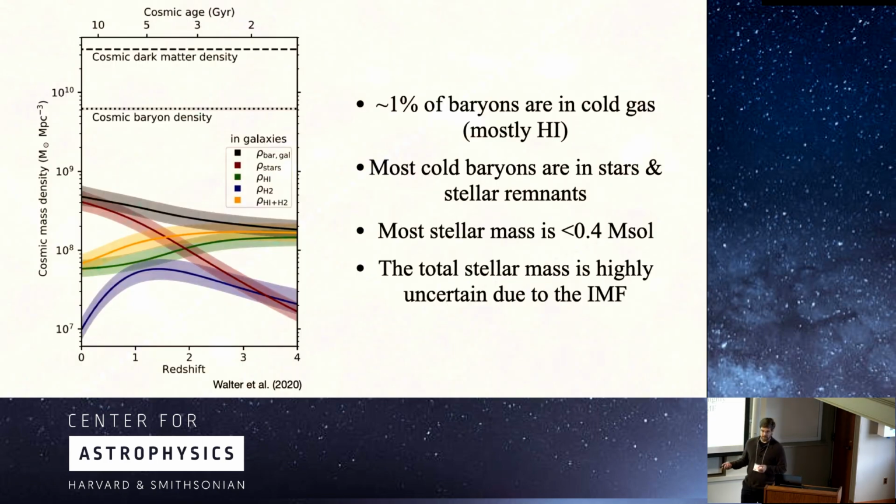We can also incorporate what we know about cold gas, most of which is HI. It's about 1 or 1.5% of the universe's baryons. So the striking thing is that just with the IGM, massive halos plus cold gas, we've already accounted for 90% of the universe's baryons. So there's only 10% left for all stars and the CGM.